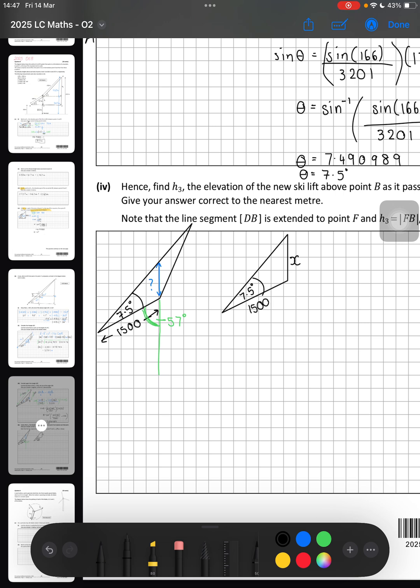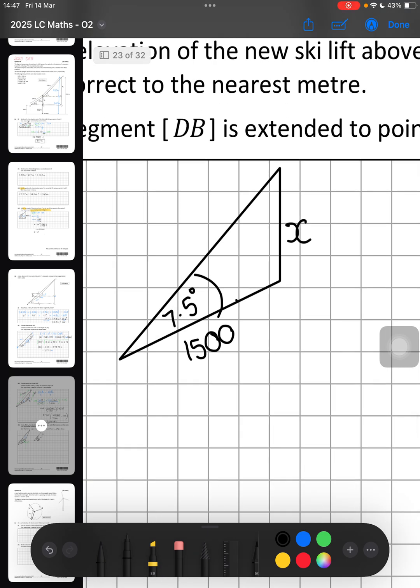And do I have anything else? Yes, I have this angle if I look at the fact that that's 180 degrees. That angle is 180 minus 57, so it's 123 degrees.